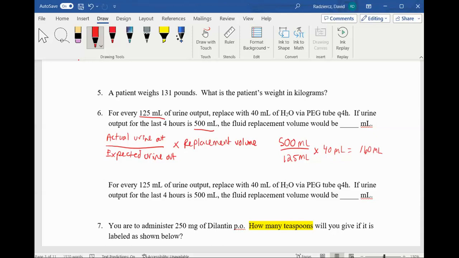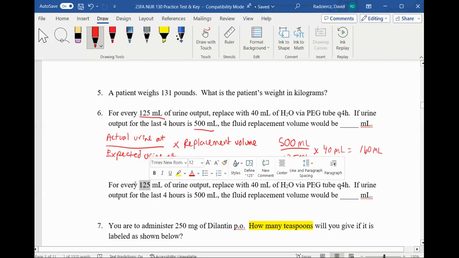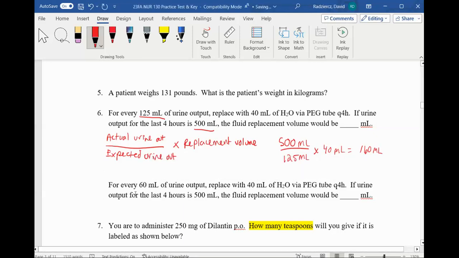Let me give you an alternative scenario. Let's say for every 60 milliliters of output, we're going to replace with 75 milliliters.